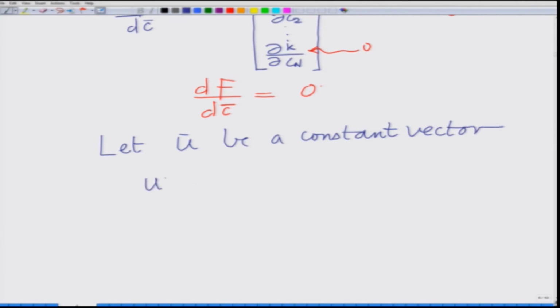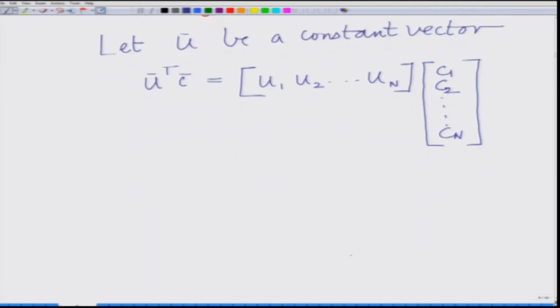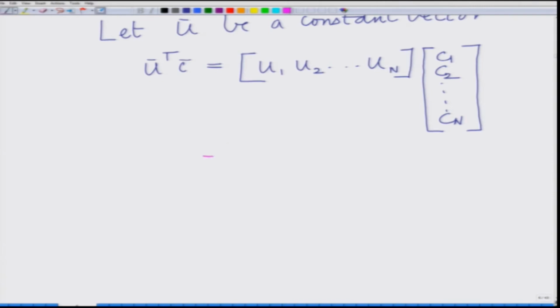then the inner product is u bar transpose C bar, which is the row vector u 1, u 2, so on up to u n, times the column vector C 1, C 2, so on up to C n, and this is equal to u 1 C 1 plus u 2 C 2 plus u n C n.